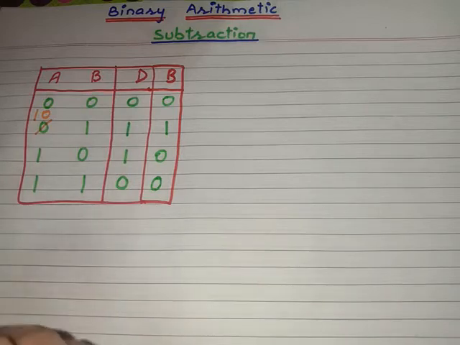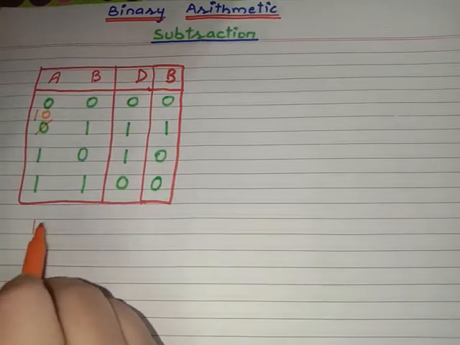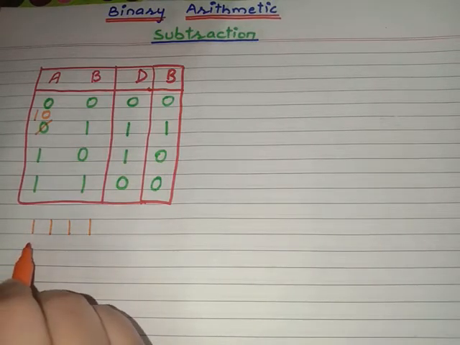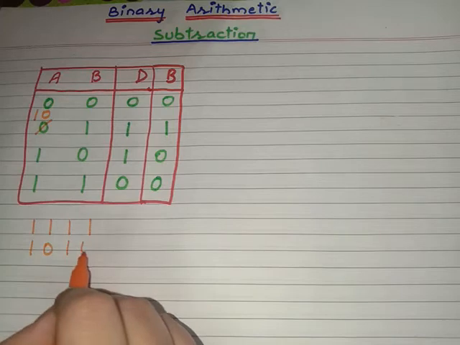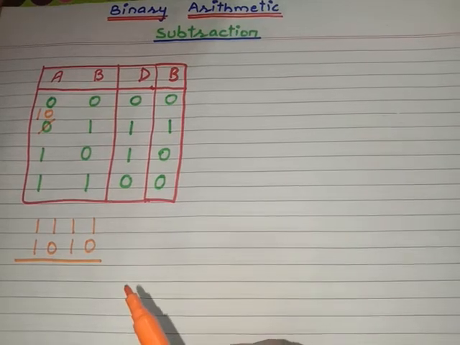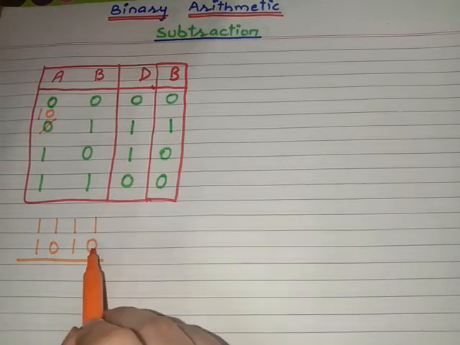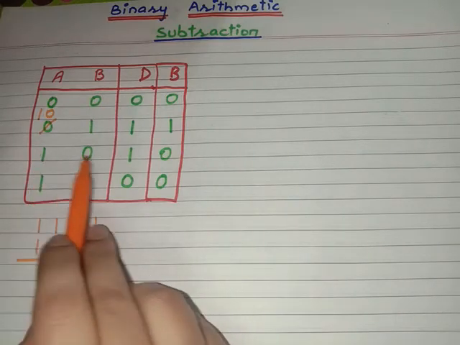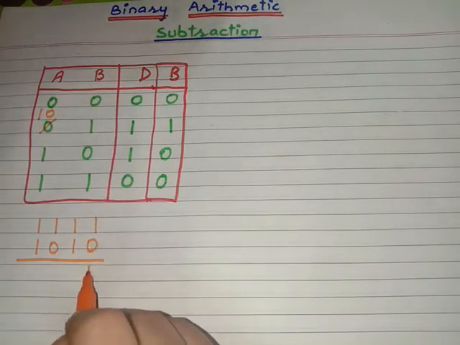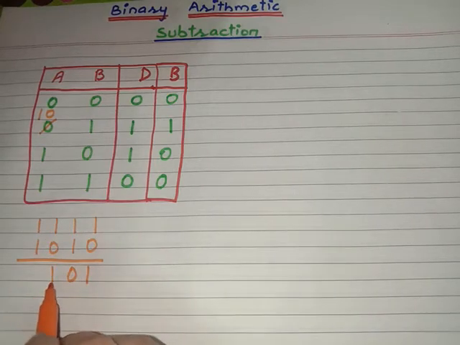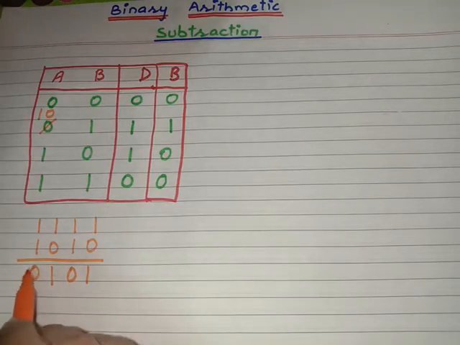Suppose we have the number 1111, and we have to subtract the number 1010 from this. Just like subtraction in decimal, we start subtraction from the very right hand side. 1 minus 0, as you can see in the table also, is equal to 1. 1 minus 0 is 1. 1 minus 1 is 0. 1 minus 0 is 1, and 1 minus 1 is 0.